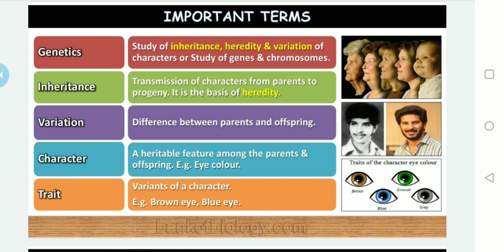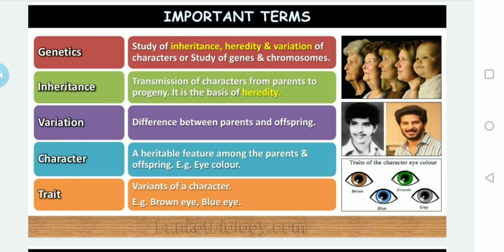Then the next terminology: character. Don't think of behavioral character; here it is related to genetic characters. A heritable feature among the parents and offspring is known as a character. For example, eye color is a character.